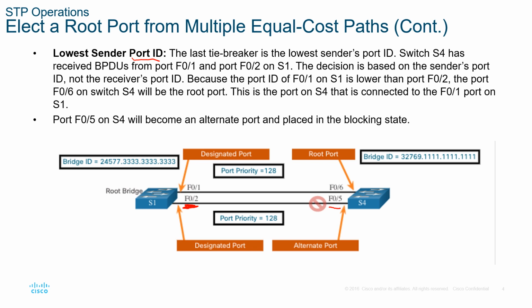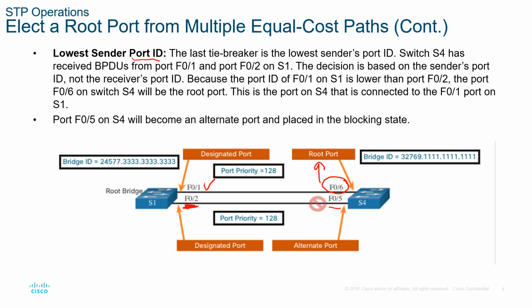Of course, F01 is the lowest. Because F01 is the lower sender port ID, F06 is selected as the root port. Because we have already selected F06 as the root port, the other port, which is F05, will become the blocked port. Okay, so I hope this is clear.